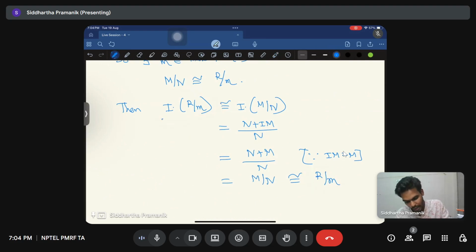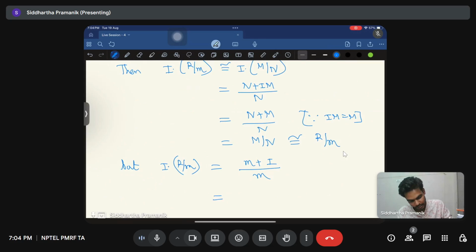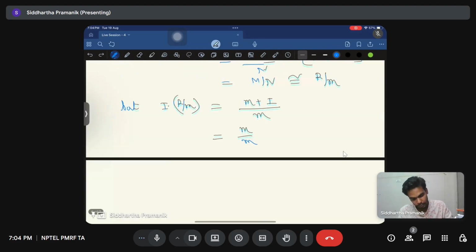But what is I times R mod m? So this is basically m plus I mod m, and this is basically m mod m, which is 0. Okay, but why m mod m?